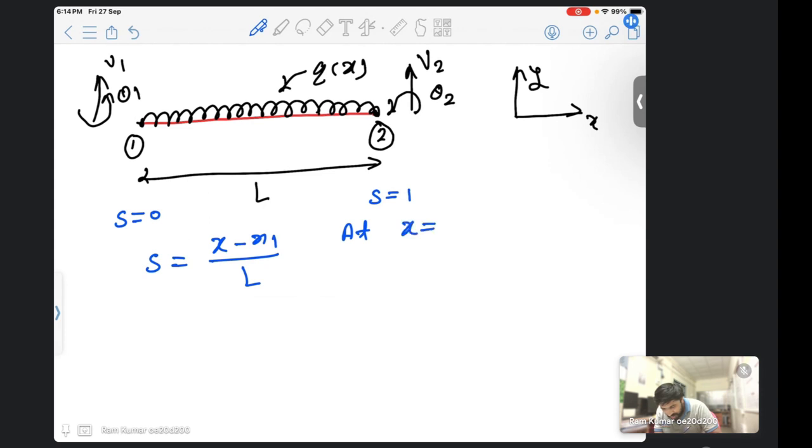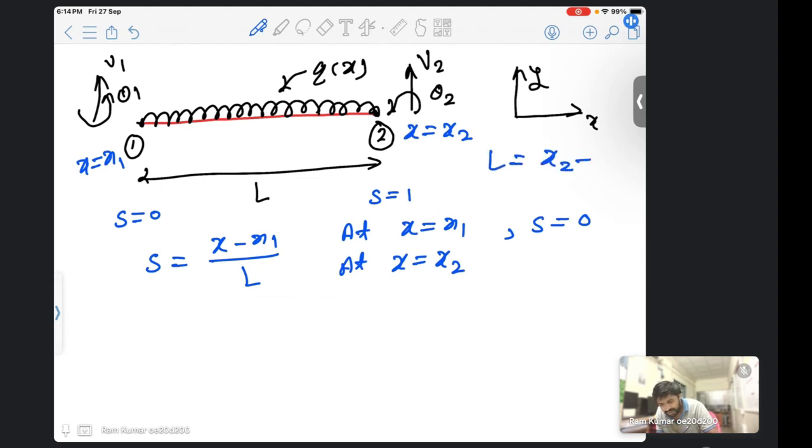At x equal to x1, what will s be? s will be 0. At x equal to x2, the length will be x2 minus x1.